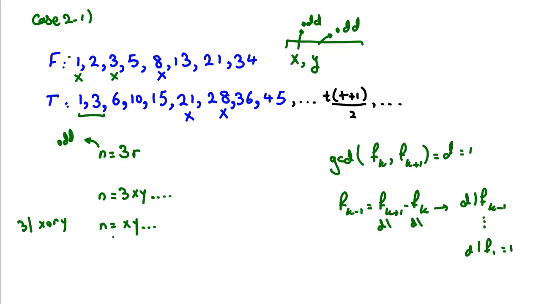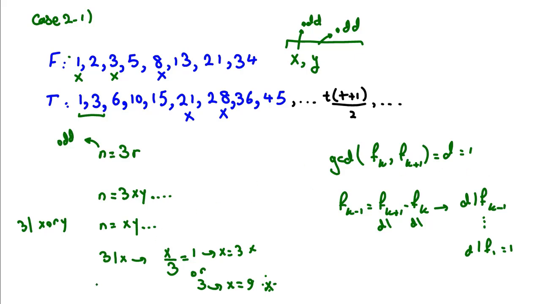So here, if for example 3 divides x, then x over 3 is also a divisor. But here x is the smallest one, so x over 3 should be 1 or 3. In this case, x is 3, which is a contradiction because we have 3 here. In this case, x is 9. But we don't have 9 here, so in both cases we reach a contradiction.